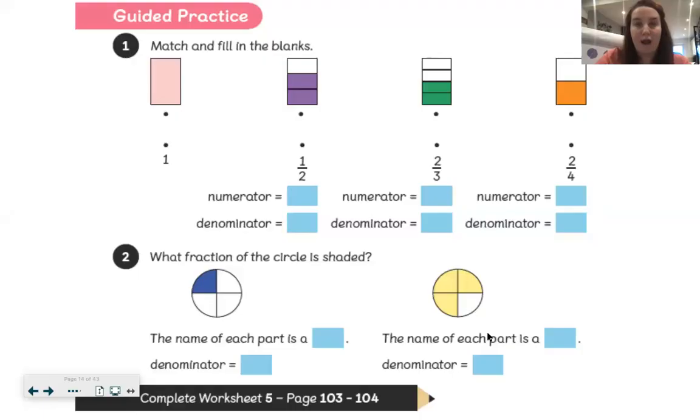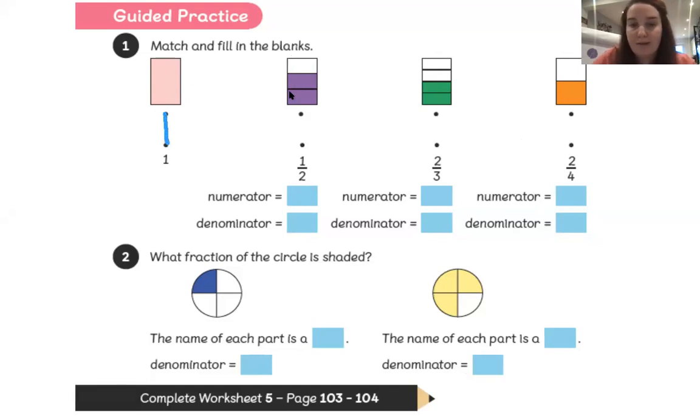Okay, so now we're going to look at our guided practice. And we've got to match and fill the blanks in. So we've got to have a think about what fraction is shown. So this first one, it's just whole, isn't it? It's not split up into parts. So that is just 1 whole one. Now, what about this?